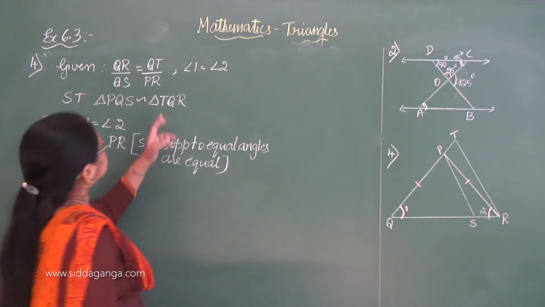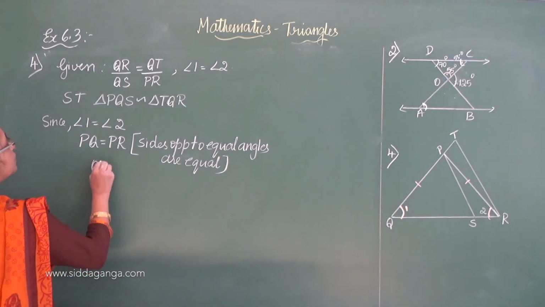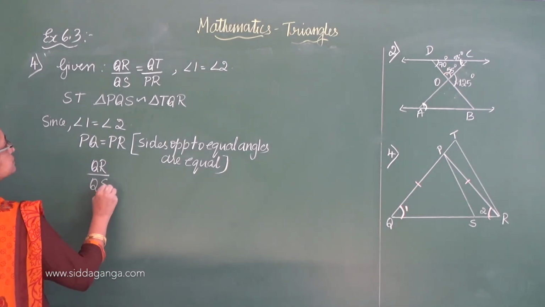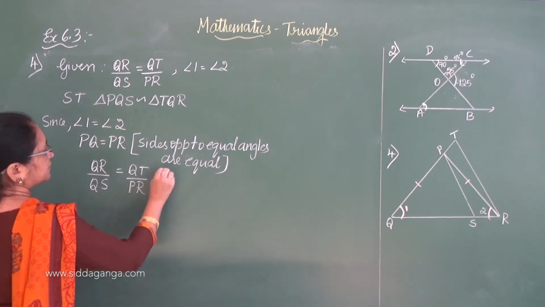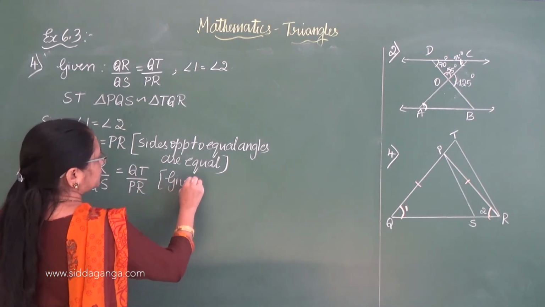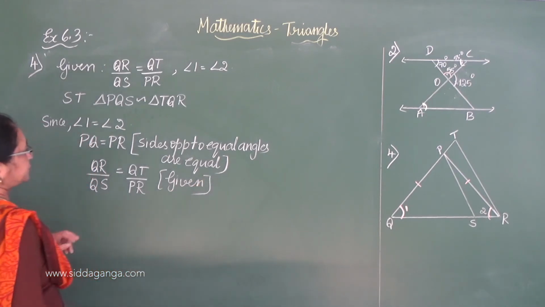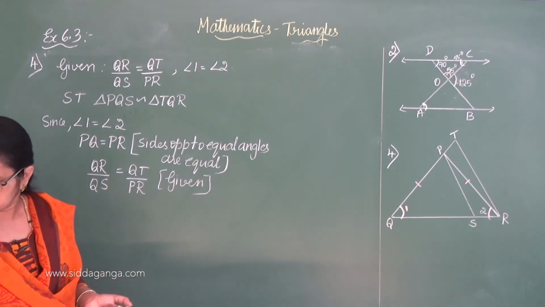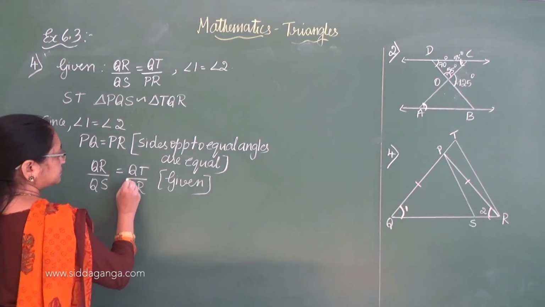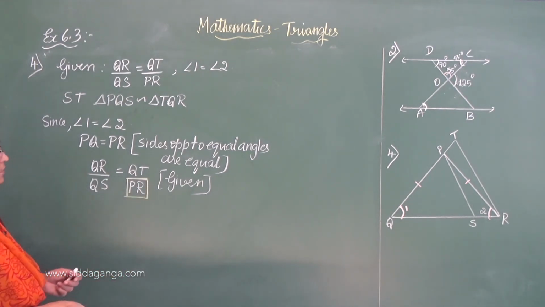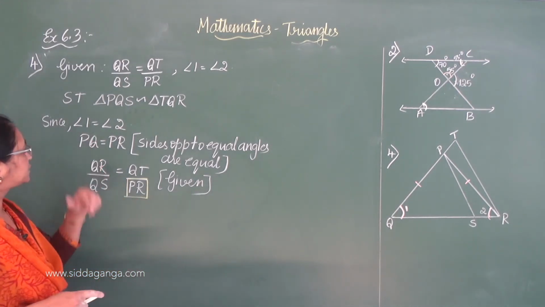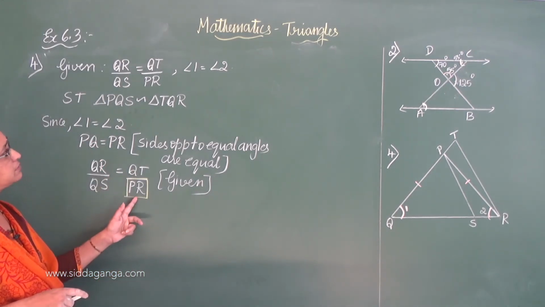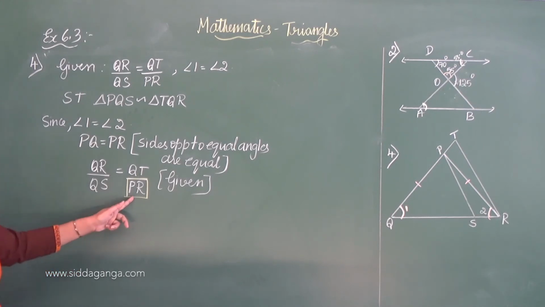Next, now what is given here? See here, QR by QS is equal to QT by PR. It is given, correct? Now just observe carefully here, this one PR. Can I change PR to PQ? So PR can be replaced by PQ.